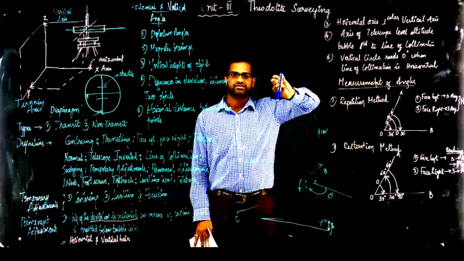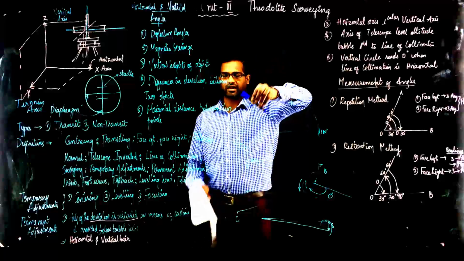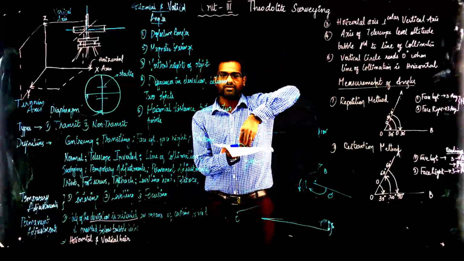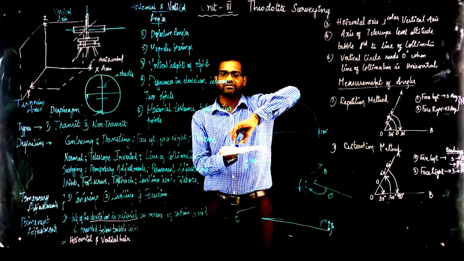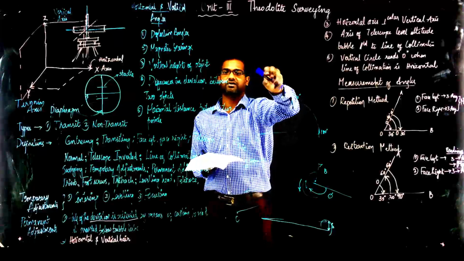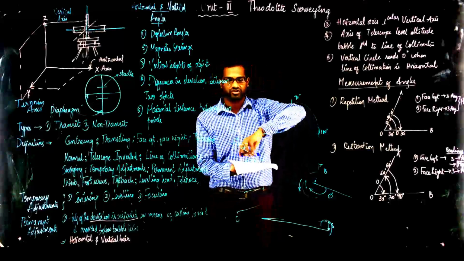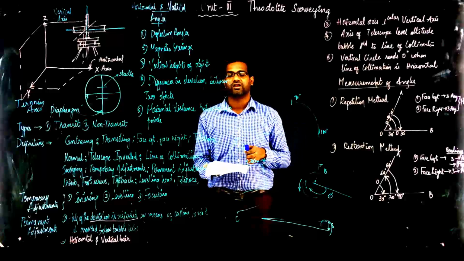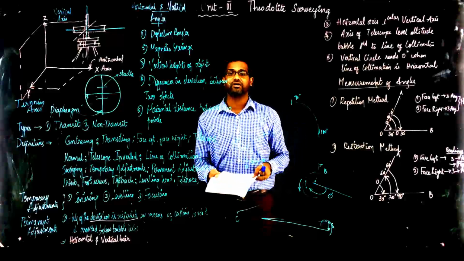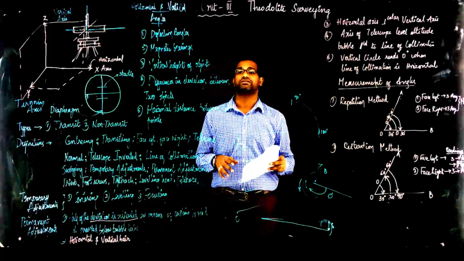So this is called transiting if you rotate in the vertical plane, and if you rotate in the horizontal plane, that is called swinging. If you rotate in the clockwise direction, that is called a right swing, and if you rotate in the anti-clockwise direction, that is called a left swing.